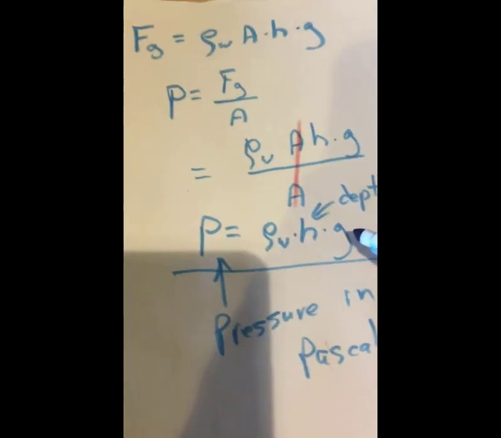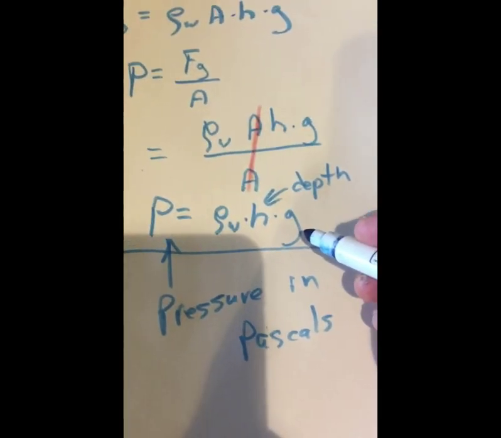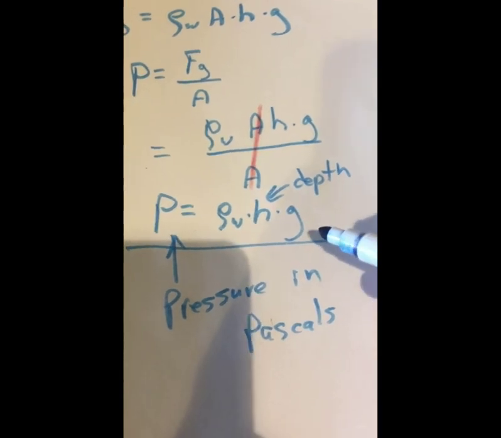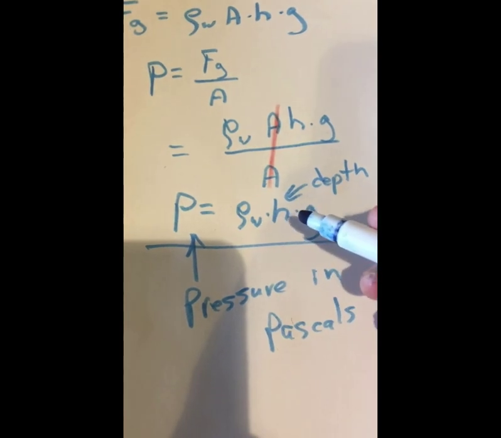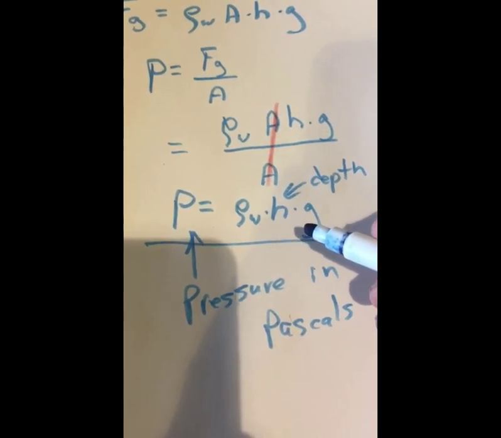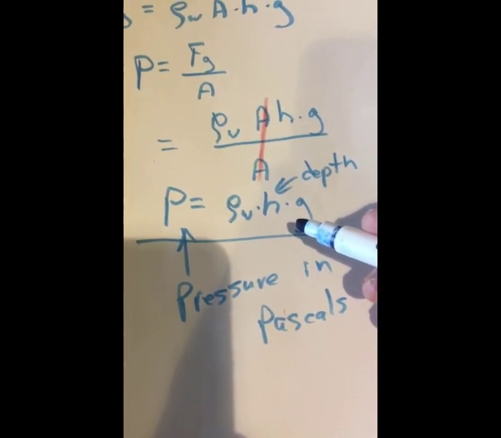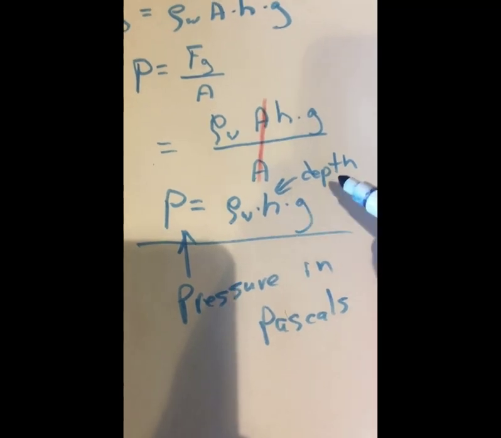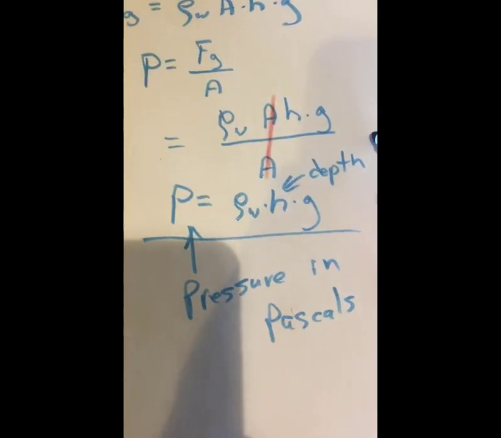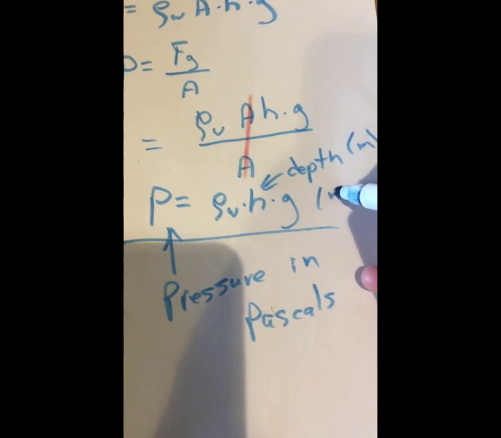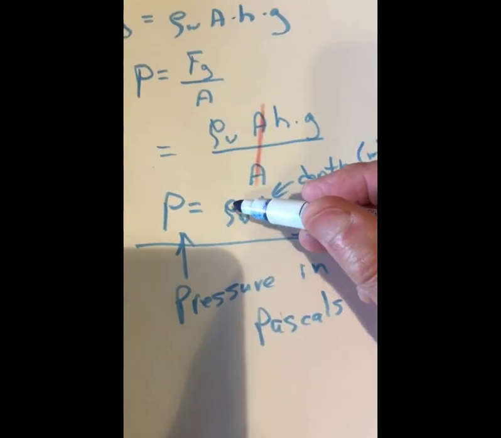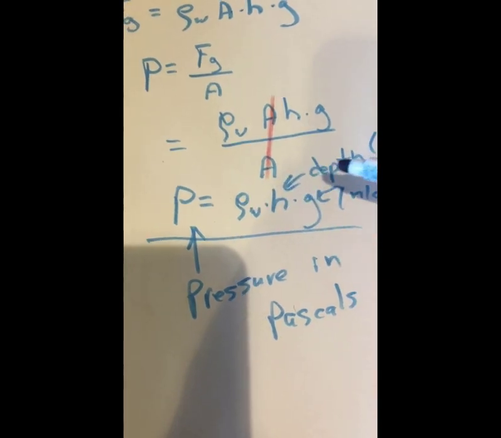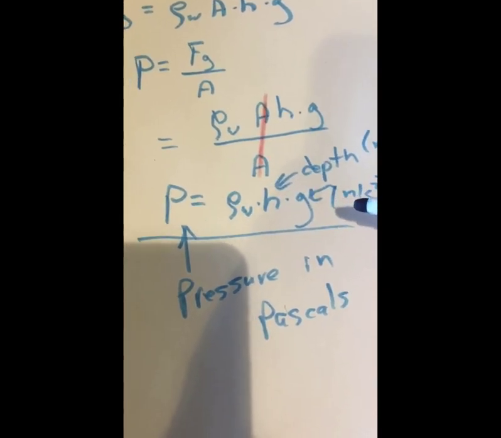And G, of course, is 10 meters per second squared, or 9.8 meters per second squared. The density of water is typically given in kilograms per cubic meter, or in grams per cubic centimeter. But since we're working in SI units here, and this is in meters, and this is in meters per second squared, it makes more sense perhaps to have the density in units of kilograms per cubic meter.